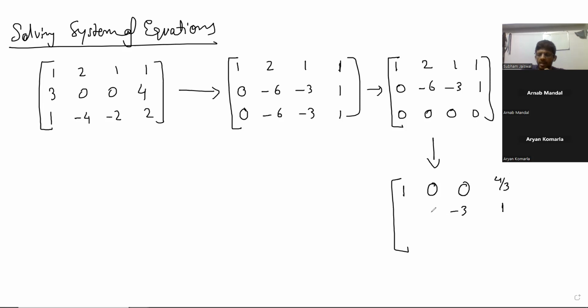And then this is -6, so that also we should change. Divide by 1 minus 1 by 6. Fine.